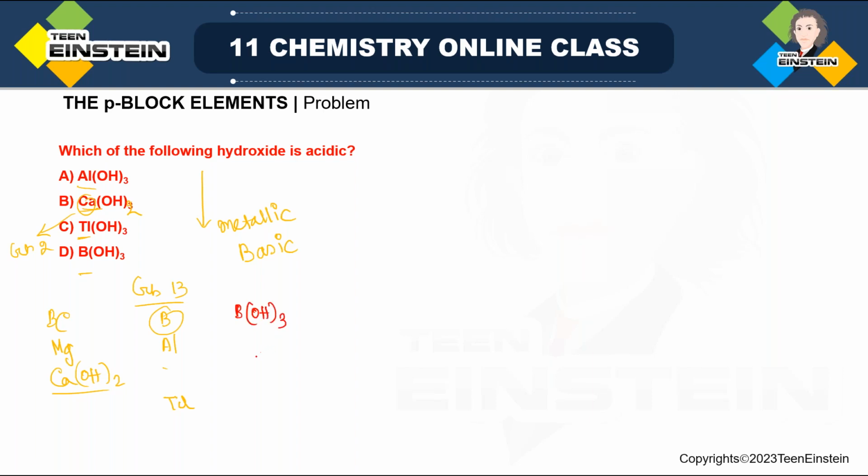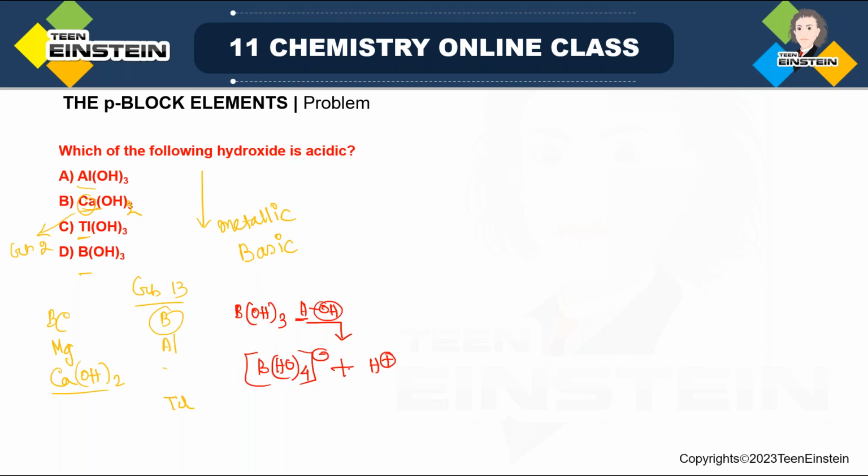B(OH)3 is not a proton donor. It has no ability to donate any proton. In the presence of water, what happens? I am writing the water molecule in this way because it accepts this HO, and as a result there is formation of this type of structure, B(OH)4 with one extra negative charge, and this H atom of water is removed as H+.